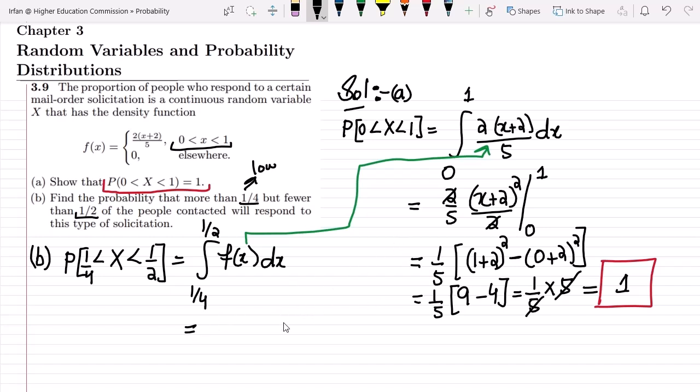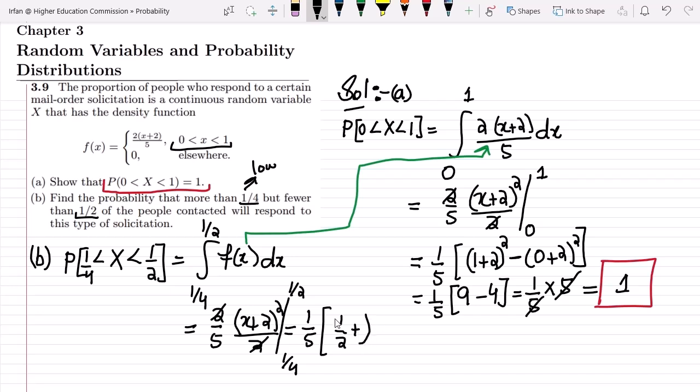So here it would be 2/5 times (x + 2) squared divided by 2, where the 2 was cancelled out, and the limits are 1/4 to 1/2. Putting in the limits, it would be (1/2 + 2) squared minus (1/4 + 2) squared, where 1/4 is the lower value of x.